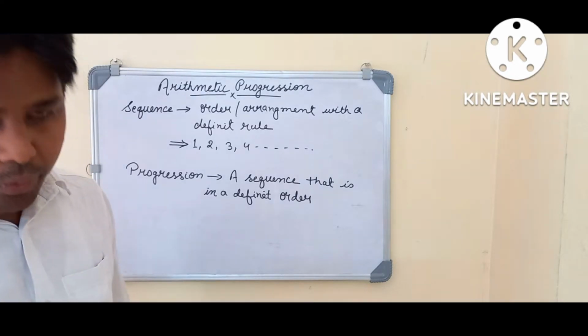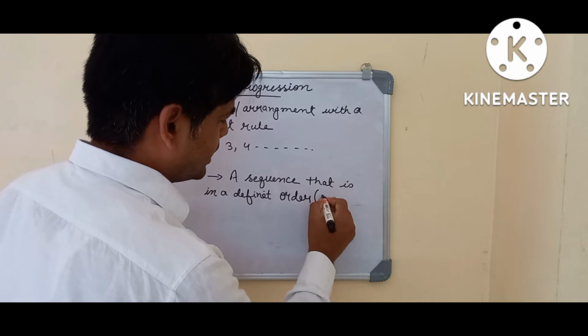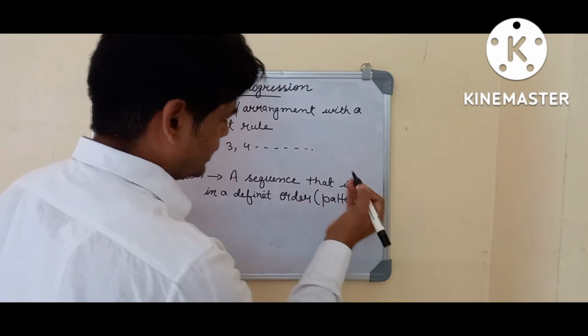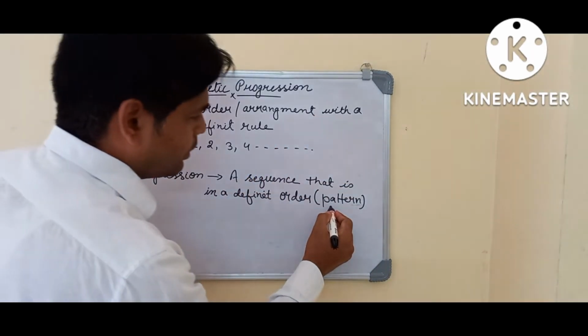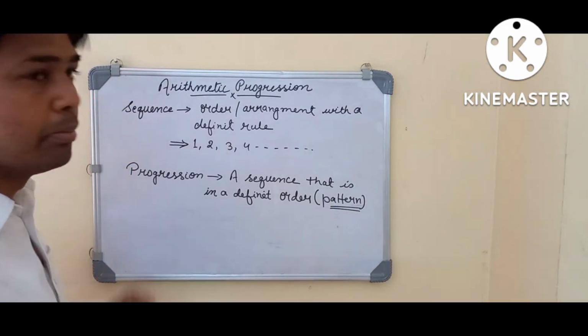Now, this order leads to the formation of a particular arrangement, and that arrangement is known as a pattern. If a sequence is denoting a particular pattern, then we can say that the particular sequence is a progression.